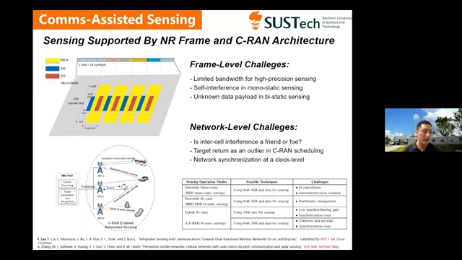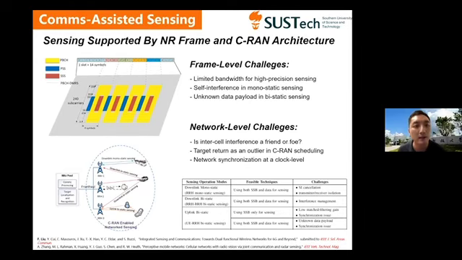Now let's look at the communication-assisted sensing aspect, which is to have sensing supported by default communication frame structures and networking architecture. For example, here we use the 5G NR frame and the CRAN architecture to support sensing.